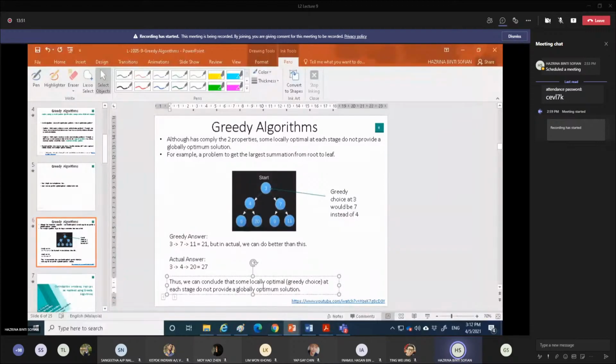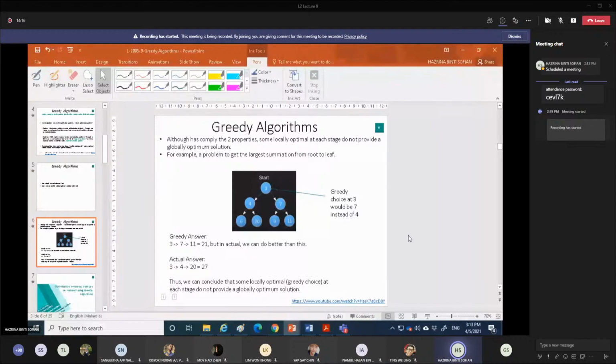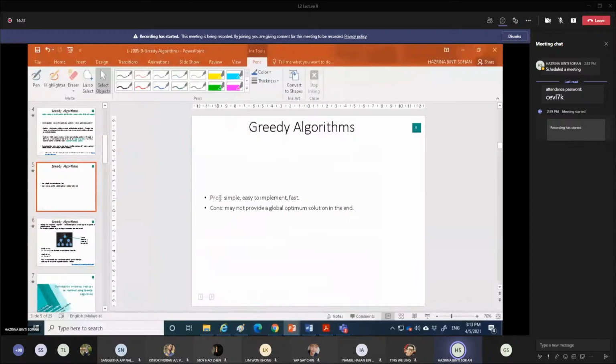So we can conclude that a locally optimal choice at each stage does not provide a globally optimal solution. This will be solved via other algorithms. Graphs are also able to resolve some of this, and dynamic programming could also resolve this, which we will learn later. But in this lecture, we are just going to focus on the greedy algorithm because of its pros.